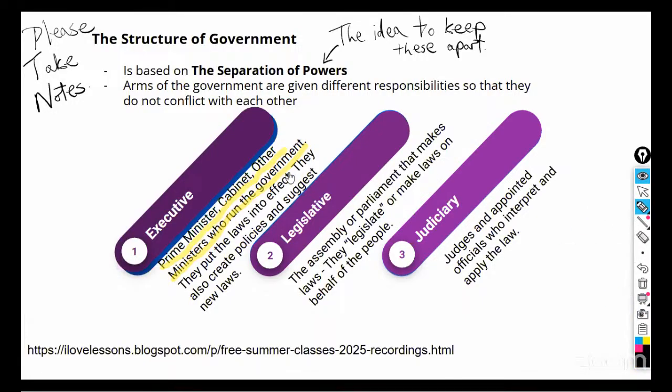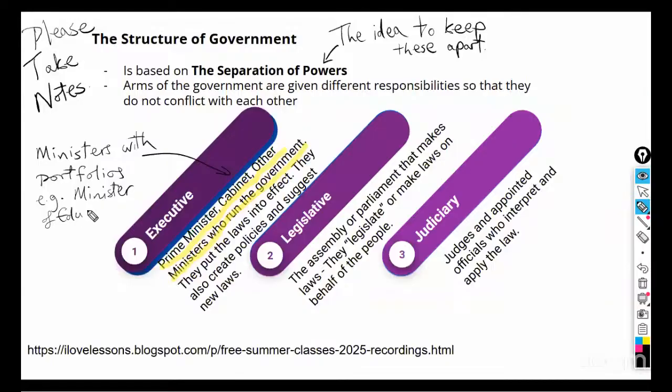Cabinet will be the ministers with portfolio. We say they have portfolios. So for example, Minister of Education. That person has a portfolio. They are responsible for overseeing schools. They are responsible for all the other things they're responsible for.